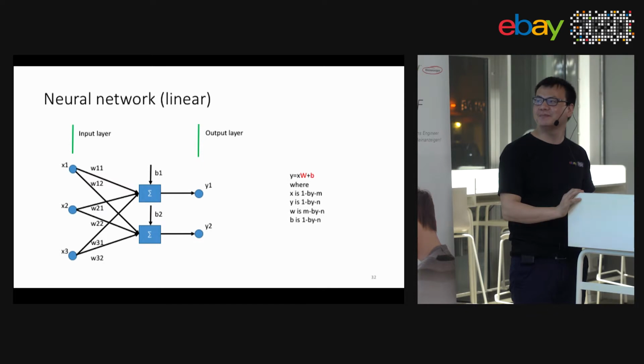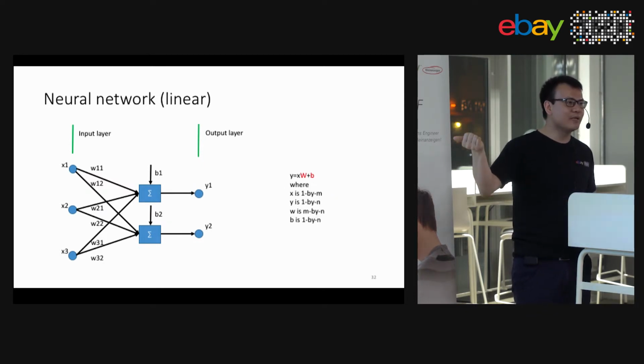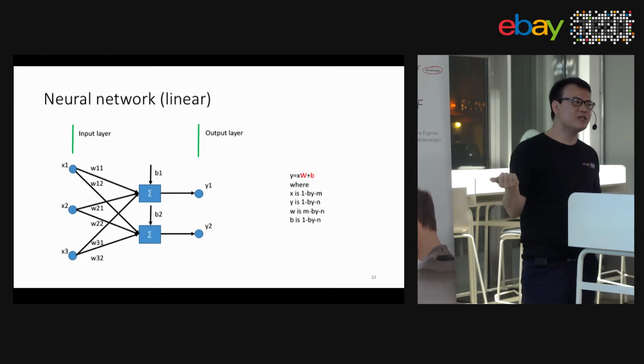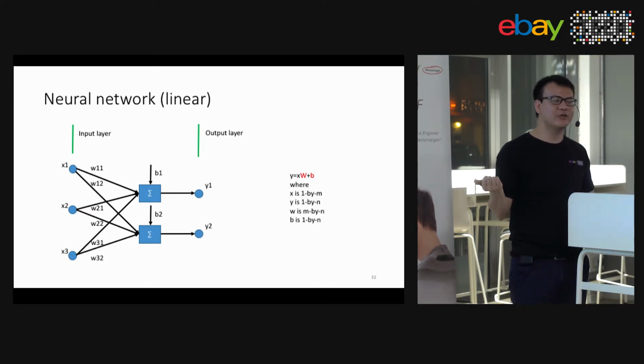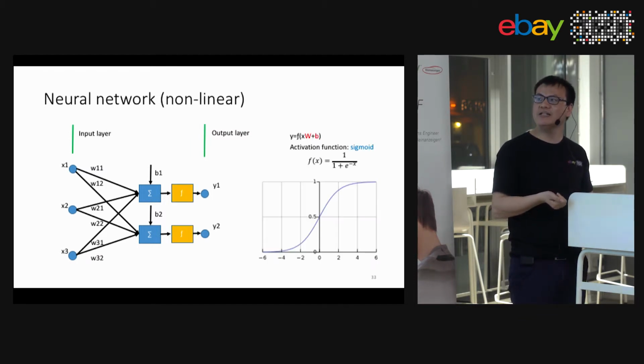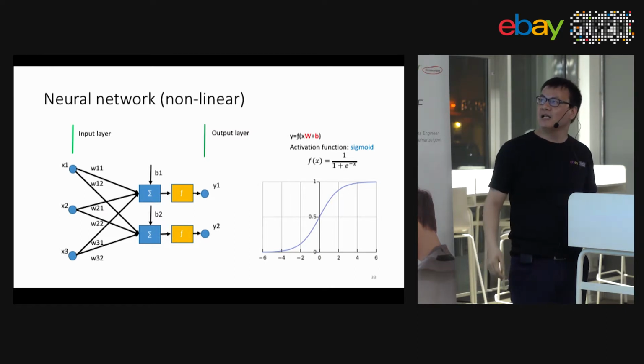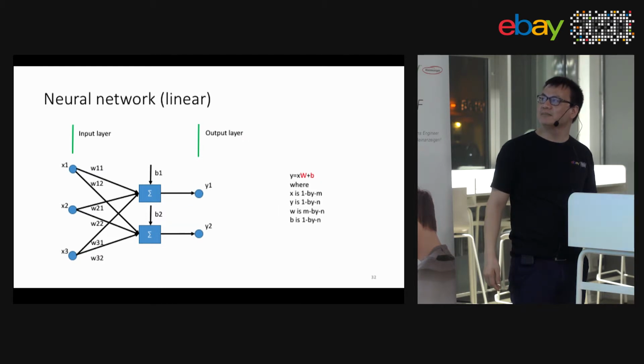Okay, let's continue. This is a linear model, but the complexity of the linear model is not good enough. To increase the complexity, we can add a nonlinear function to this linear part. You can compare the mathematical formula on the top right with the previous slide.